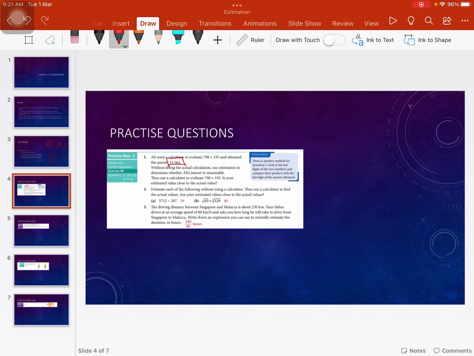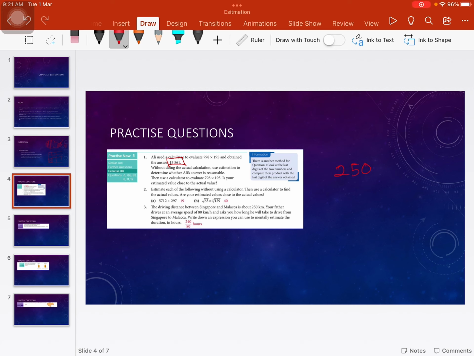Now, question number 3, the driving distance between Singapore to Malacca is 250 kilometer. Your father drives at an average speed of 80 kilometer per hour. It asks you how long it will take to drive from Singapore to Malacca. Write down an expression that you mentally estimate the duration in hours. Of course, 250, the closest you can get, over 80.